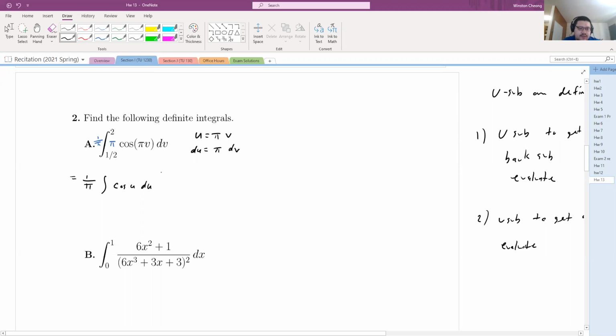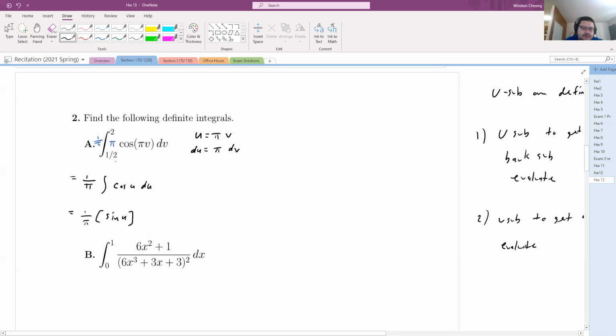which we can readily integrate. Maybe I'll go ahead and perform the integral as well, and then I'll fill in the limits. So this will be sine of u. Let's put brackets like that. Okay, so now what about these limits?